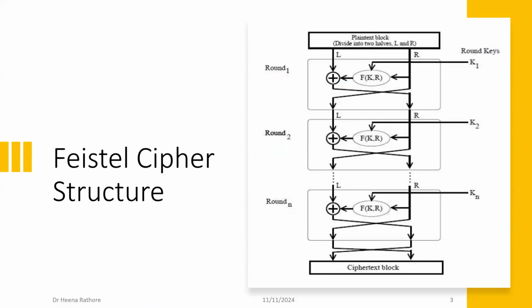And I believe in your quiz and in your final exam, I will give you one question on this Feistel cipher structure. What exactly this means is that you take your plain text block, whatever size you want to process, and you divide it into 2 parts.